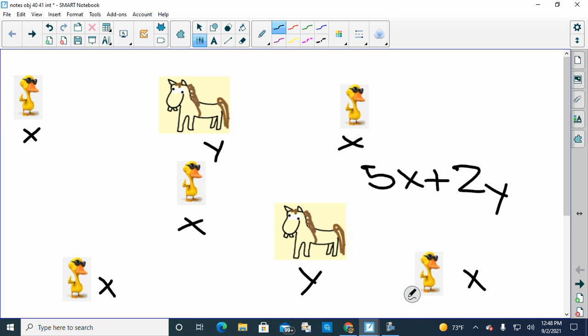All we do is we look at the number of how many of those we have, and that goes in the front, okay. We don't square this or take it to the 5th power when we're just combining like terms. We just count how many there are, put the number in front, and then label it with the variable, okay? All right, so something a little bit different.